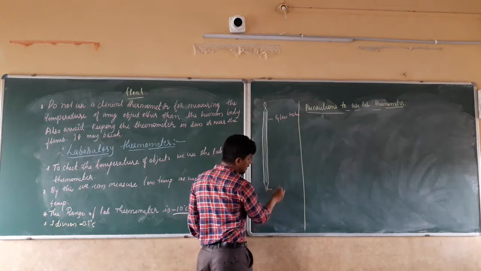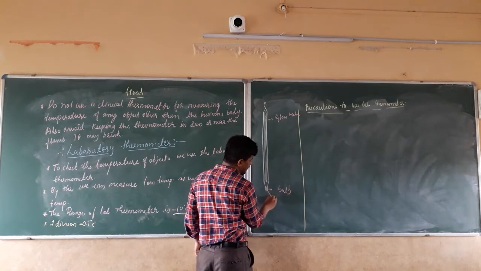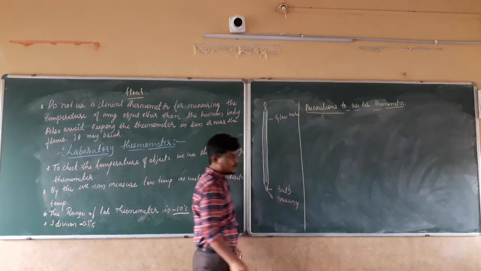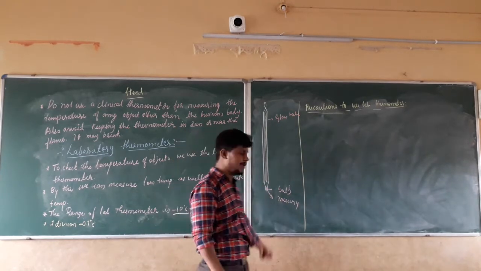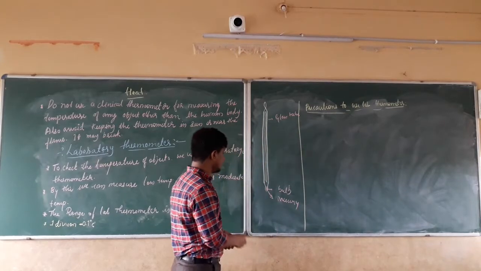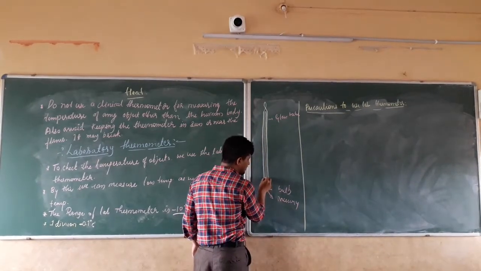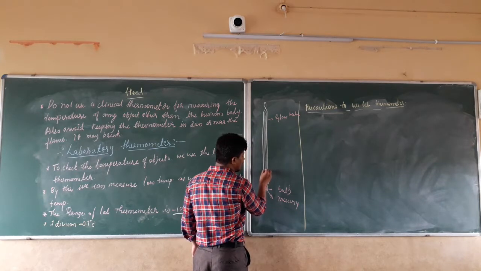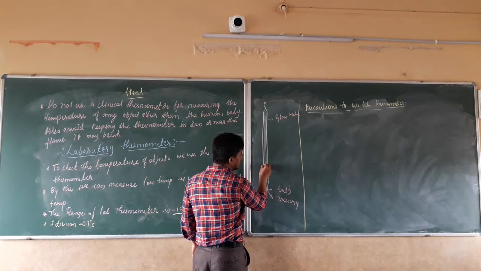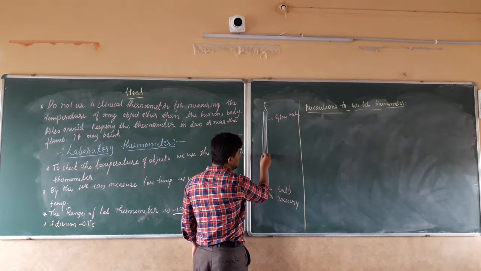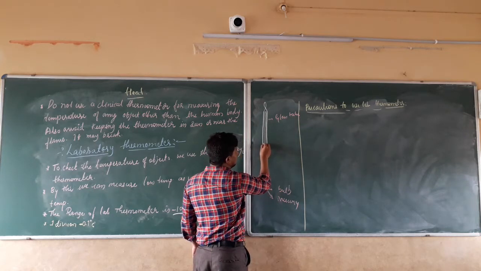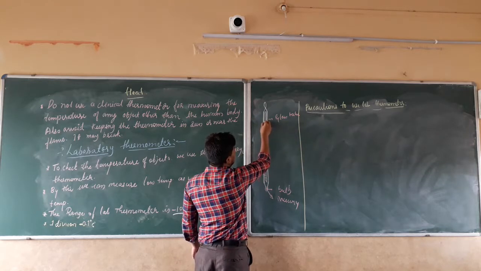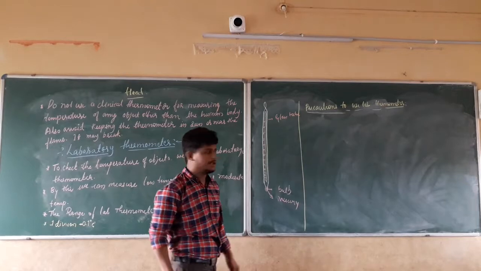Here is the bulb. Inside it, what do we keep? We have mercury. Why mercury? Mercury is silver in color and it is liquid. Now here we have the scale. It starts from minus 10, 0, 10, 20, 30, 40, 50, 60, 70, 80, 90, 100 up to 110.